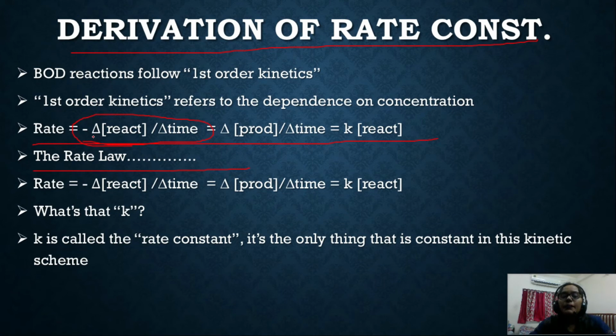First, look here: the delta reactant concentration divided by delta time, that is, delta product concentration by delta time, equals K. So the change of reactant concentration with respect to time, or the change of product concentration with respect to time, or formation of product per unit time, is proportional to the reactant concentration. So this is the rate law.